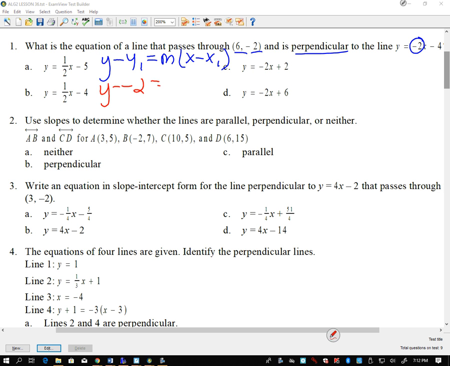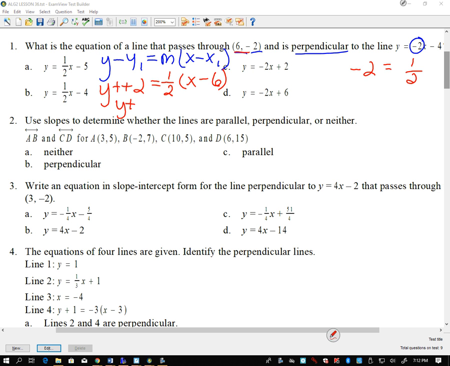I have to have both those negatives or it'll come out wrong. The opposite reciprocal to negative 2, okay, flip it over. So I'm getting 1/2, and it's going to be positive. So 1/2 times x minus the x value there of 6. We've got double negatives there, so we're going to make those positive.